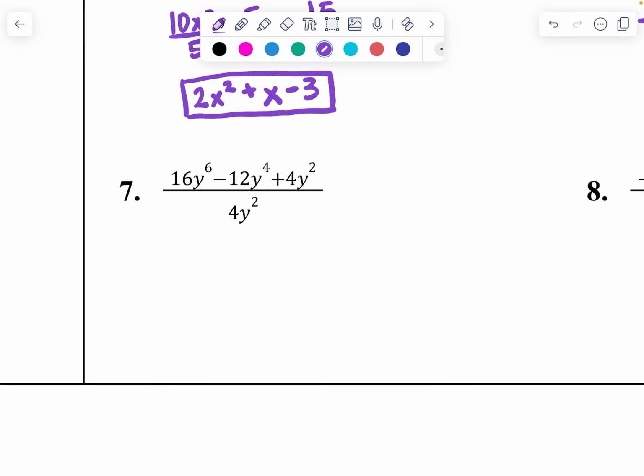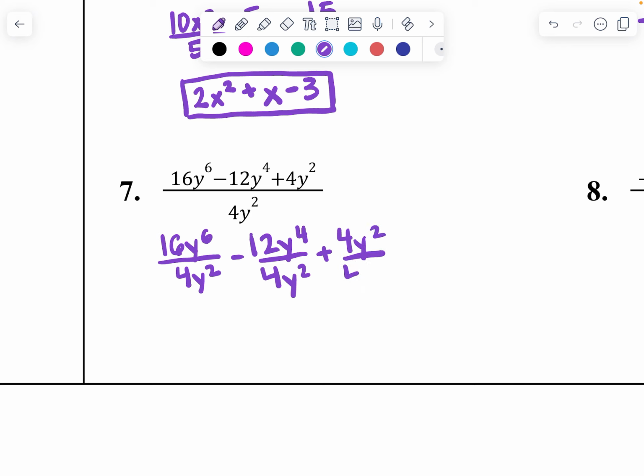Okay, another trinomial. Starting with the first one, 16 divided by 4 is 4. 6 minus 2 is 4.